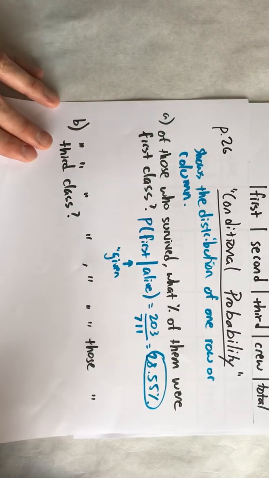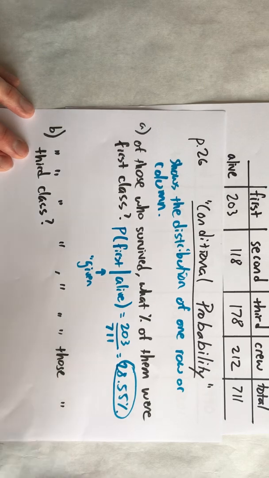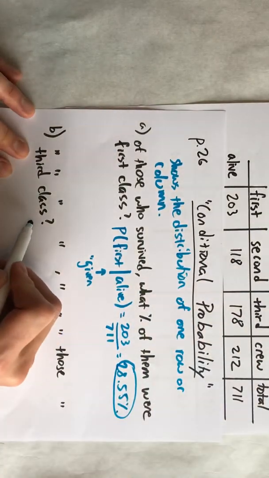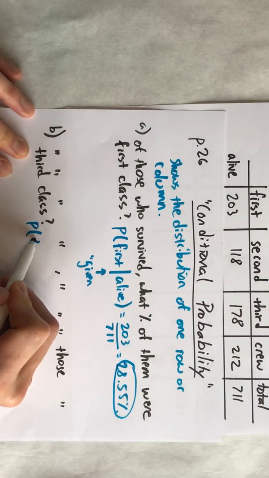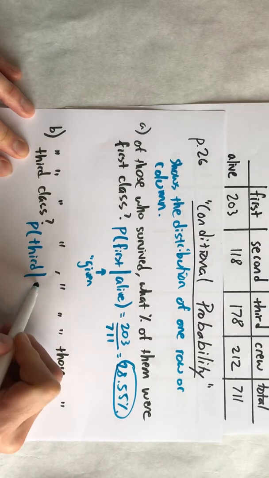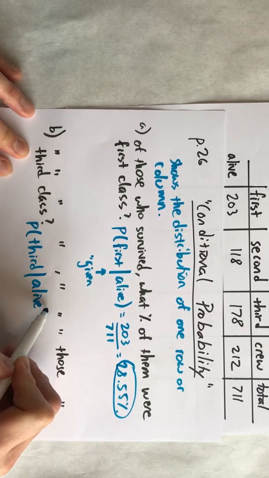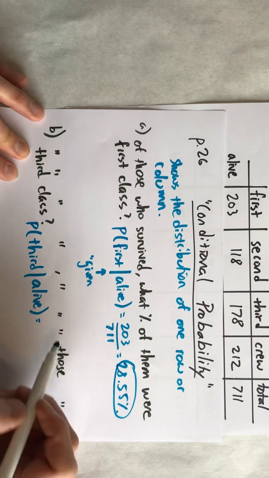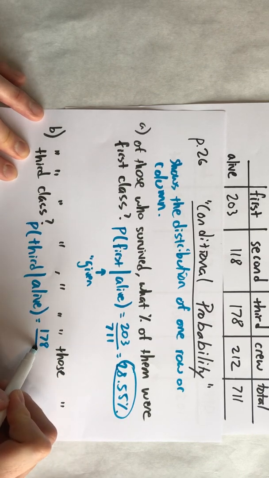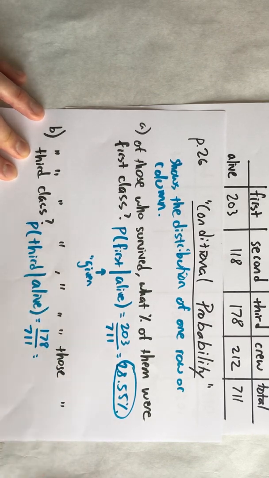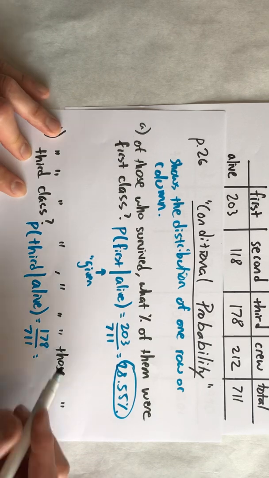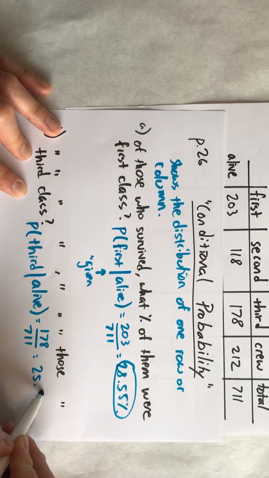Okay. So now, third class, the probability of third, given that they were alive, they survived. Okay, so this would simply be 178 over 711. So 178, oops, 178 divided by 711, 25.04.